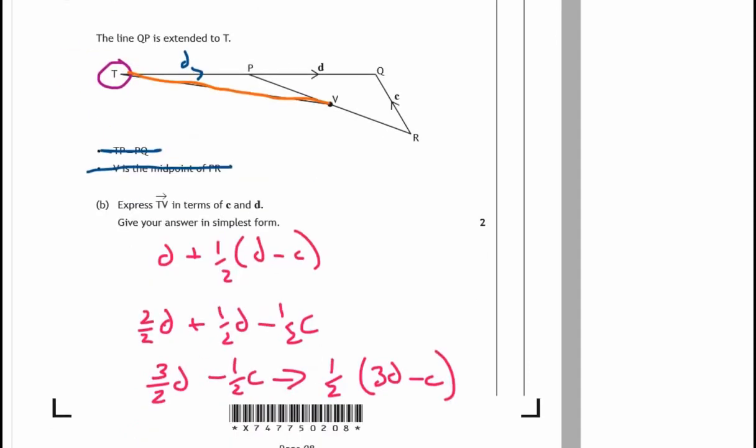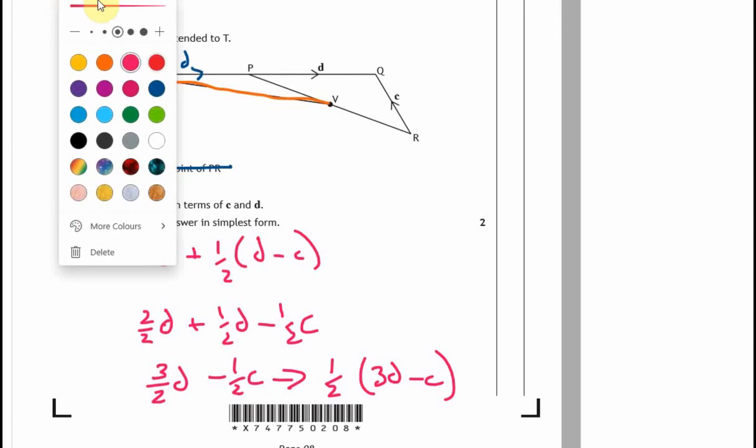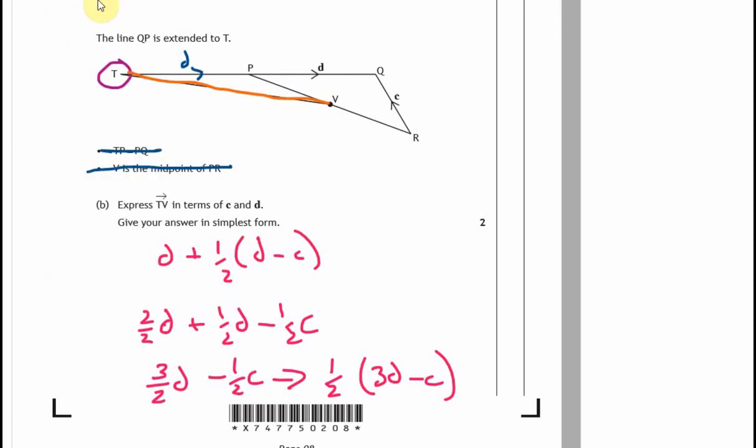And then the second one, now the way they've written it in the marking scheme is they want you to write down the letters, you know, the T to P plus P, etc., like that, which I've not done. So I'm just going to check to see if that is a problem.